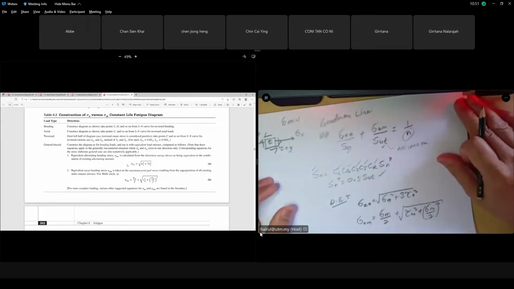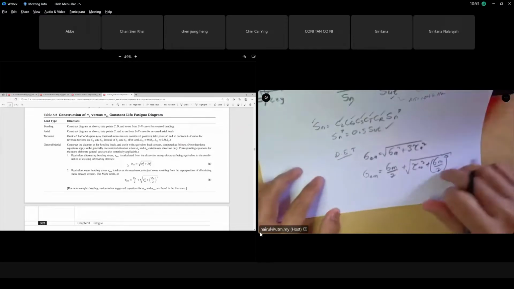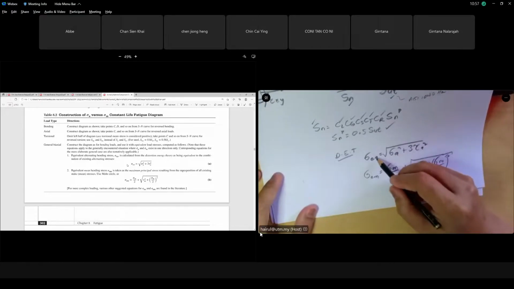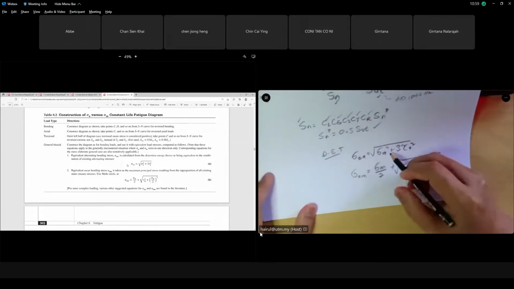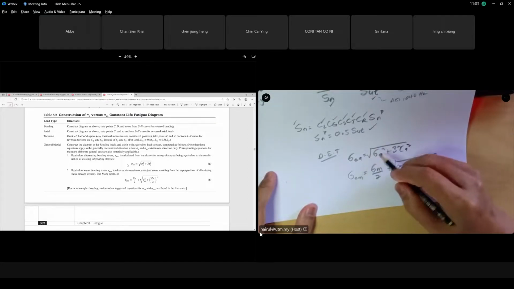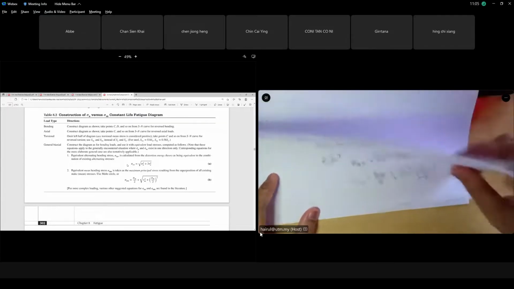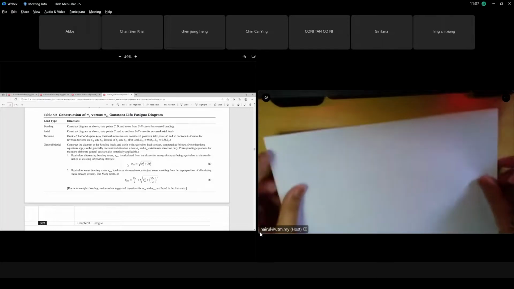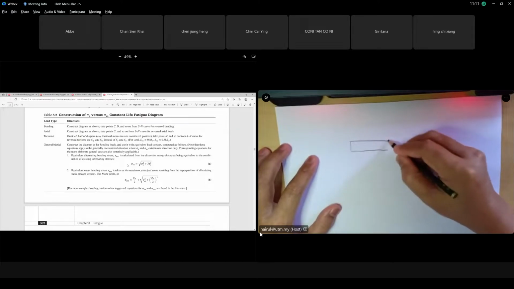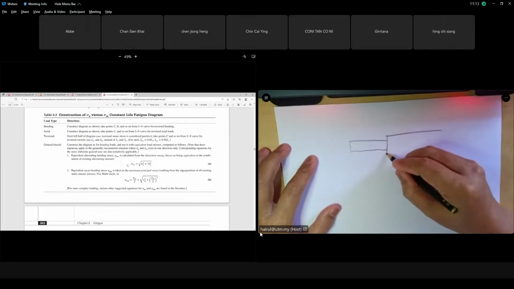Fatigue stress concentration, because actually, class, all your stress here, you have to consider in a shaft. Let's say you have a shaft here. This is your shaft and this is your shoulder.